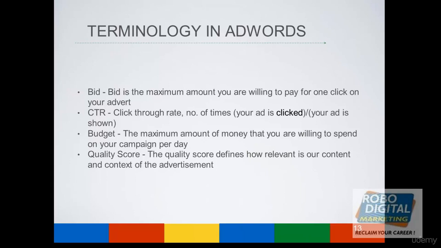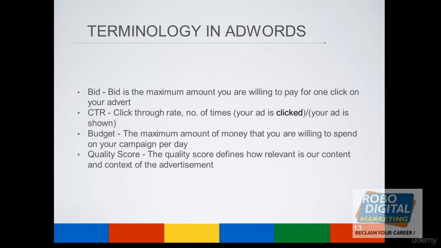So Google might run losses because of you, so it will lower your score. I will come to the concept of how it lowers your score and degrades your rank based on click-through rate and bids.